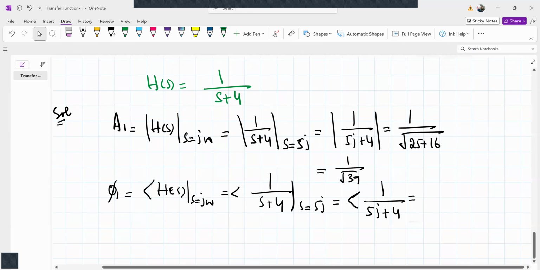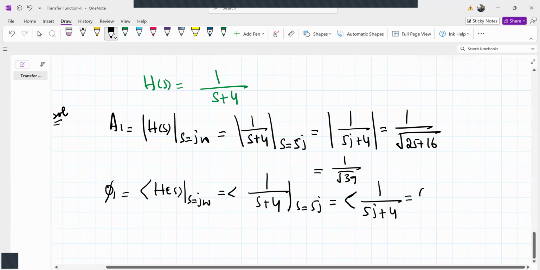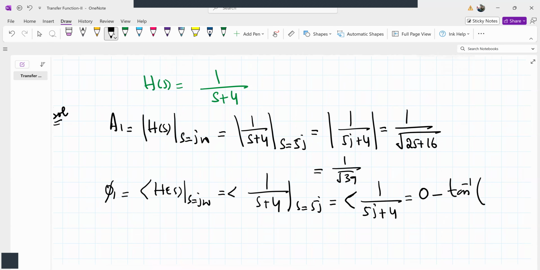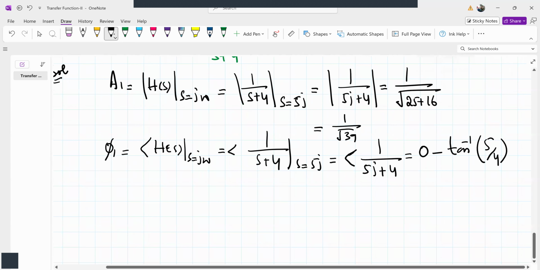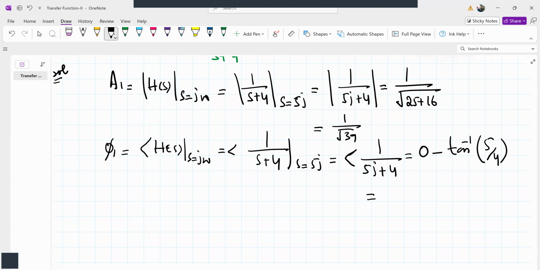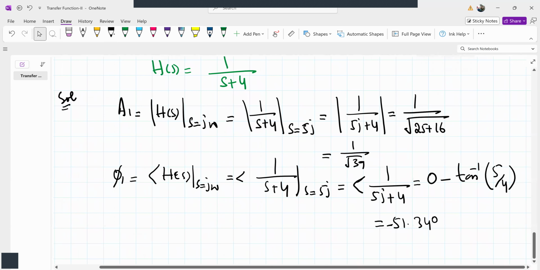So what is the angle contained in the numerator? 0, because this is a real number, minus tan inverse 5 by 4. Hope you remember the complex theory class, the phase of a complex number. Tan inverse 5 by 4 is 51.34 degrees. Please check the calculation as well. So A1 and phi 1 we have determined. A1 is here, phi 1 is here.